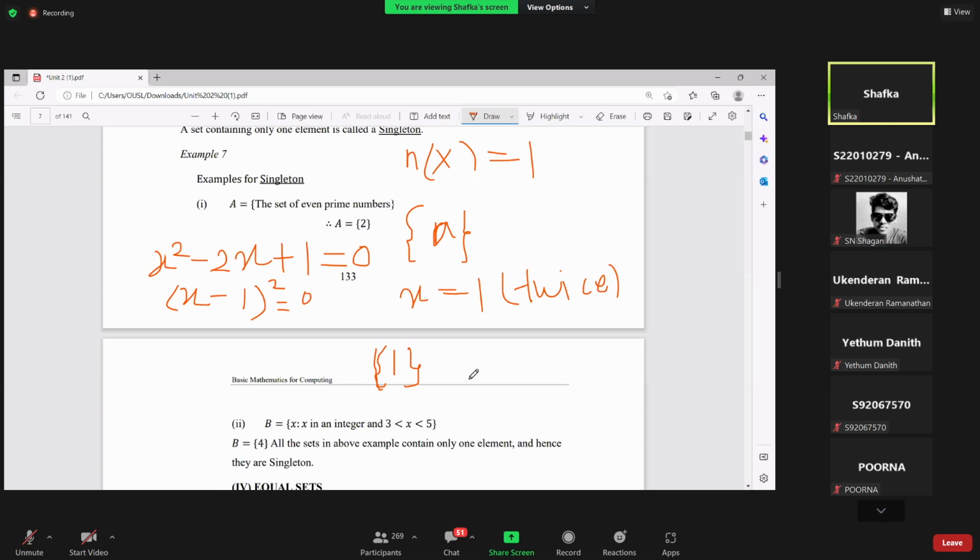If I say we have two equal sets, what conditions need to be satisfied?